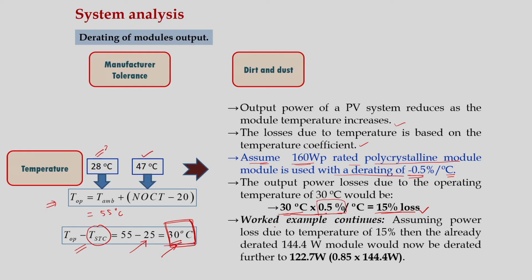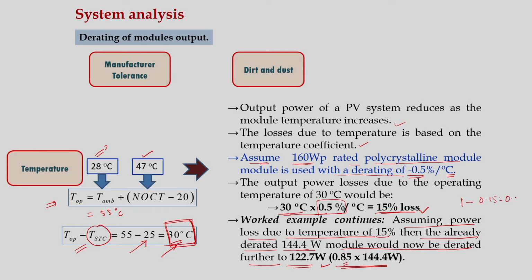If we continue with the problem we initiated, assuming this power loss due to temperature of 15%, then the already derated 144 watt module would now be derated further to 122.7 watt. This will be 0.85 into 144.4 watt, where 0.85 means 1 minus 0.15.